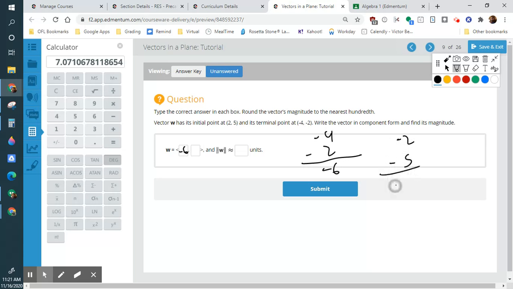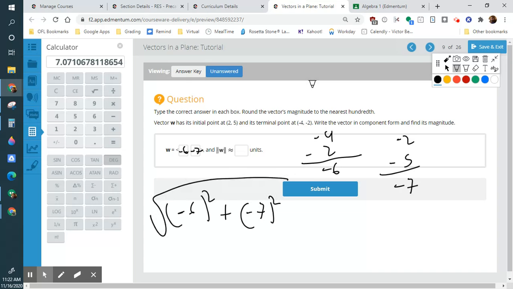So I went to the left 7, which makes sense because if I start off at 5 and I go all the way to negative 2, I'm going to the left 7. So this is going to be negative 7. Now I want to find my magnitude. Well, luckily, since I have my vector, all I have to do is negative 6 squared plus negative 7 squared, and I'm going to take the square root of that.